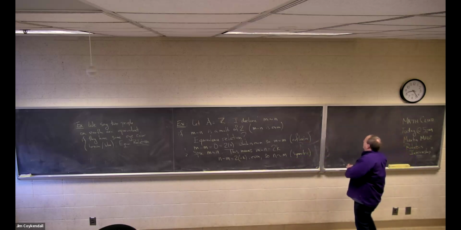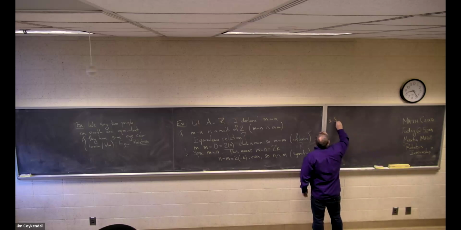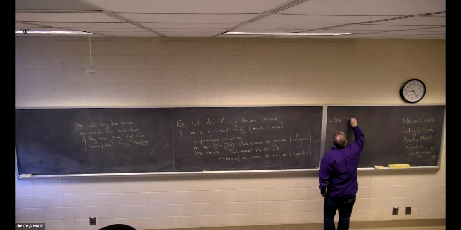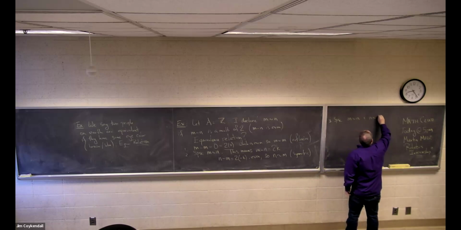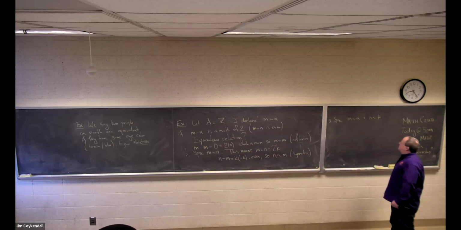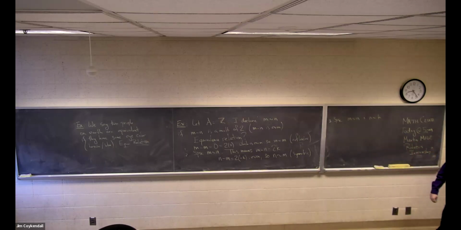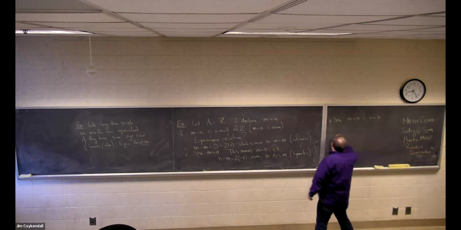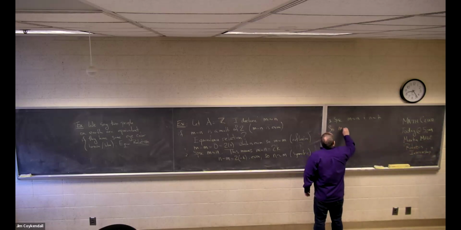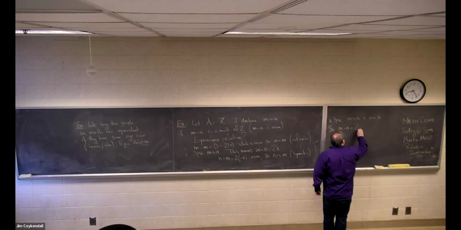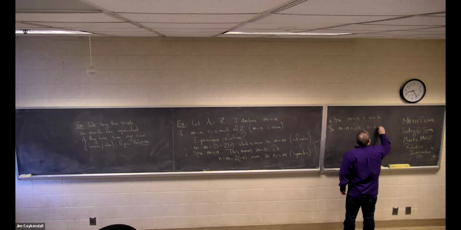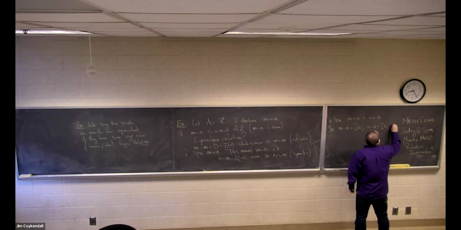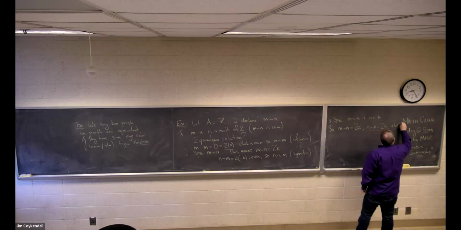One last thing to overcome: this needs to be transitive for it to be an equivalence relation. Well, number 3, suppose that m is related to n and n is related to k. So m minus n is 2a and n minus k is 2b for some integers a and b.